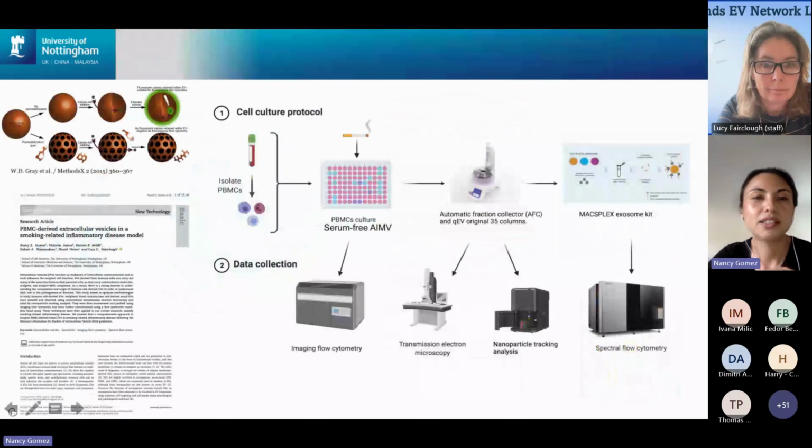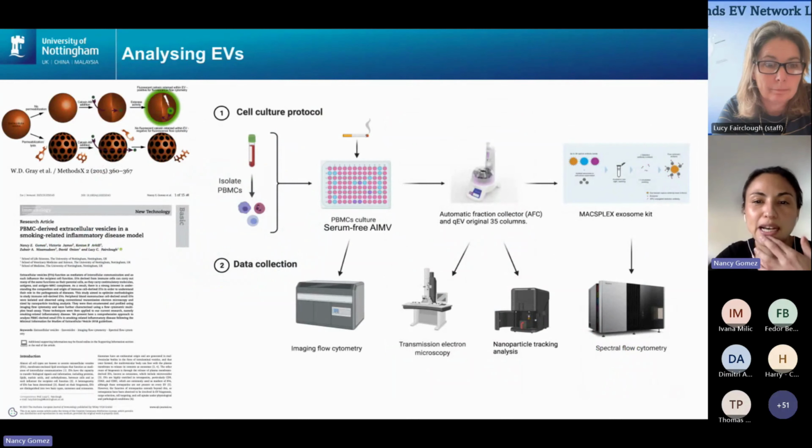So we set up this model in the lab where we're able to get our EVs from PBMCs that we isolated from fresh blood, which we obtained from volunteers. We had a PBMC culture that was exposed to cigarette smoke, and we used different techniques to observe our EVs, including imaging flow cytometry, TEM, NTA, and spectral flow cytometry.